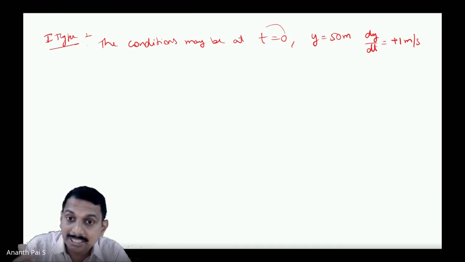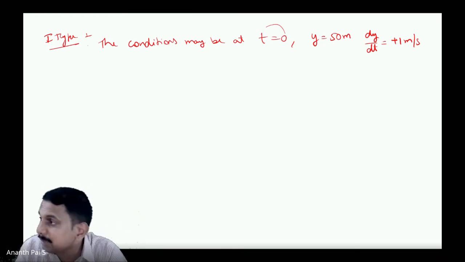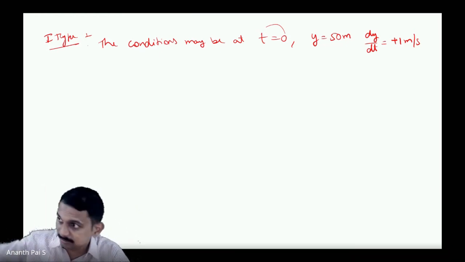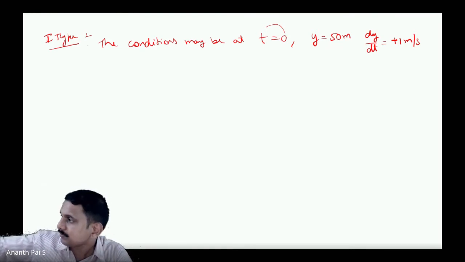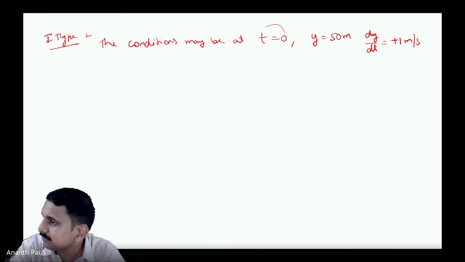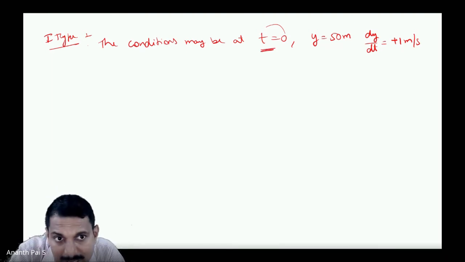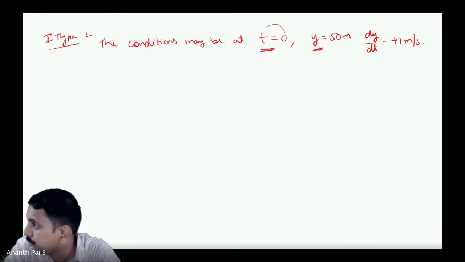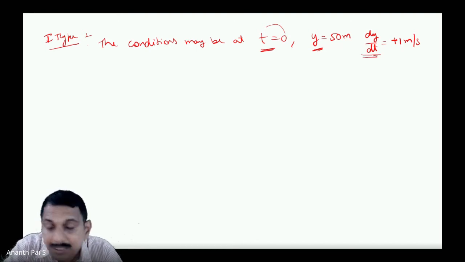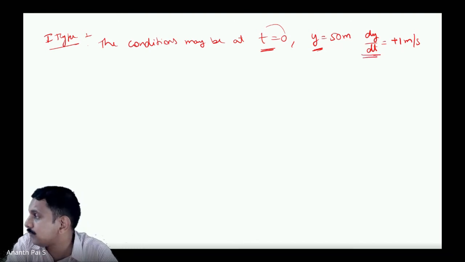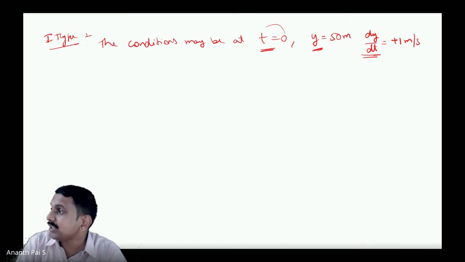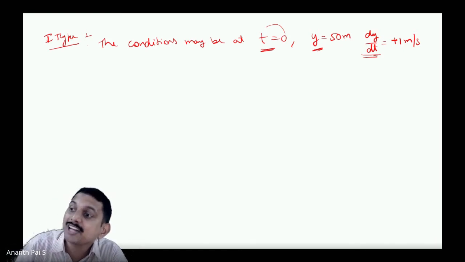So in this type, where you have a particular position, don't take t as time, take t as a coordinate. At one coordinate, you are telling its value and the derivatives of that value. If that is told, such kind of conditions are called initial conditions.